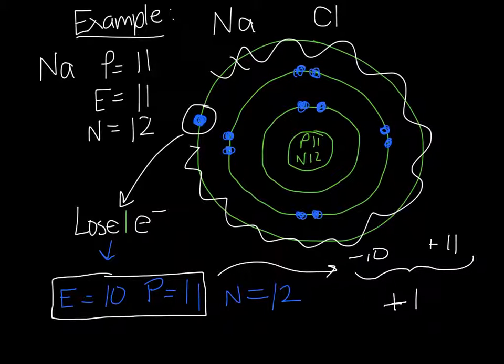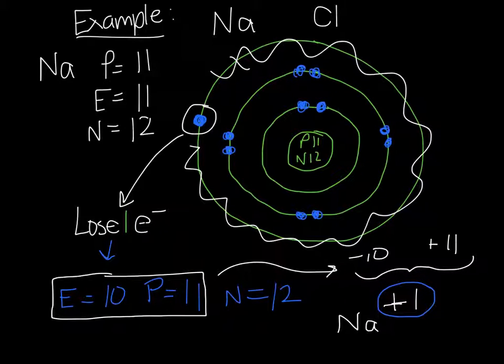That means the sodium ion has a positive charge because there's an extra proton that's no longer balanced out by an electron. And this right here, this is that superscript that we talked about on the previous page.